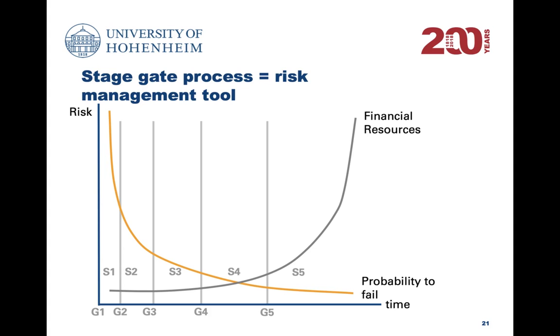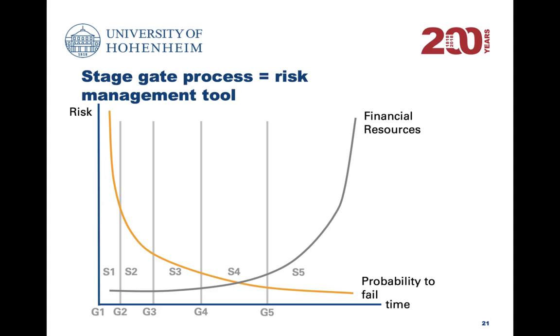And the stage gate process, with the information collecting, with the decisions at the gates, will make sure that the probability of failure reduces, as sketched out in the yellow line.